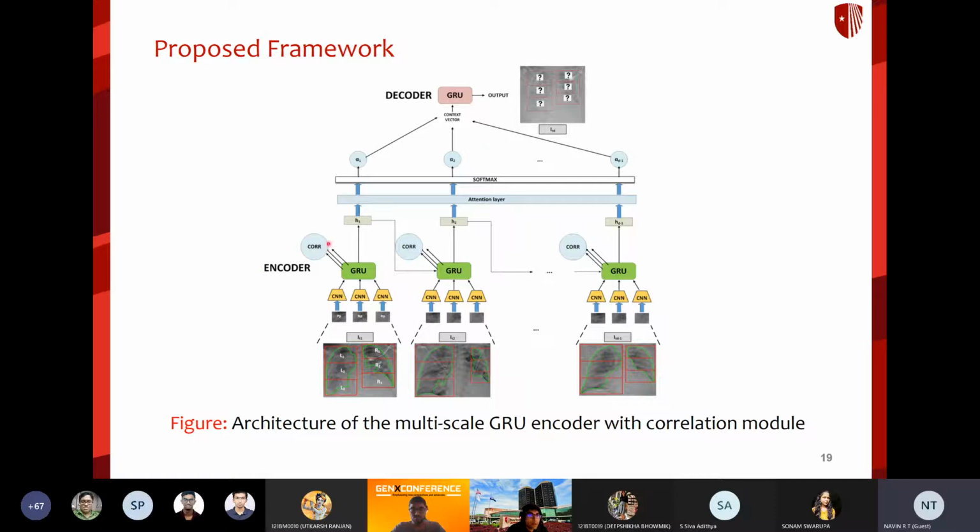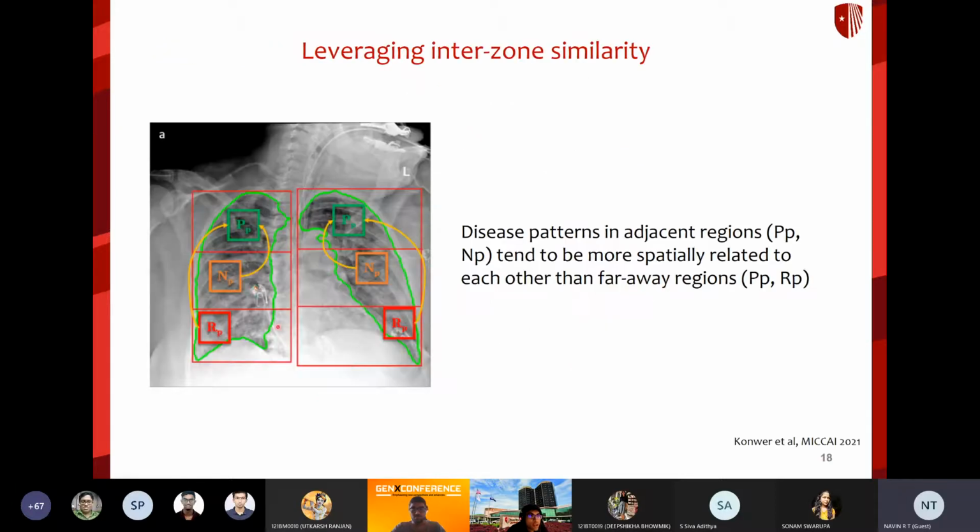To simplify, what this correlation module does is look at the correlation between the disease patterns between, let's say, neighboring zones. The lower zone and the middle zone can be considered as neighboring zones, and the lower zone and the upper zone can be considered as far away zones. So the correlation of the disease patterns between adjacent zones would be much higher as compared to the correlation of the disease patterns in the further away zones.